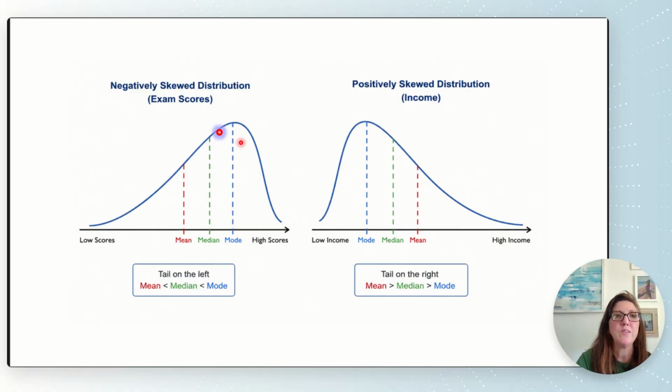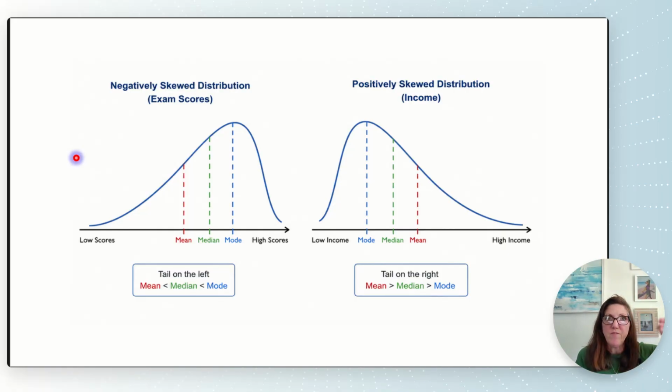So if we look at this negatively skewed distribution here, this is reflective of exam scores. We typically see exam scores more positive with students performing better on the exam than they do poorly. That's just typical. However, if we have one student who didn't study and got a low score, this is going to skew the data. So they've pulled the distribution over to the left-hand side, right?